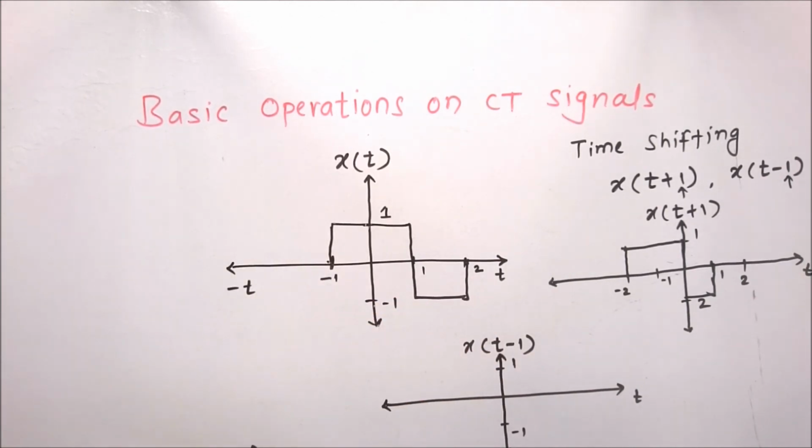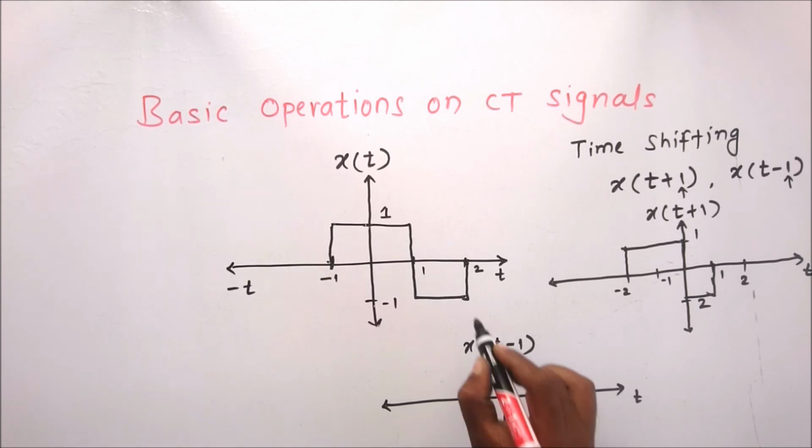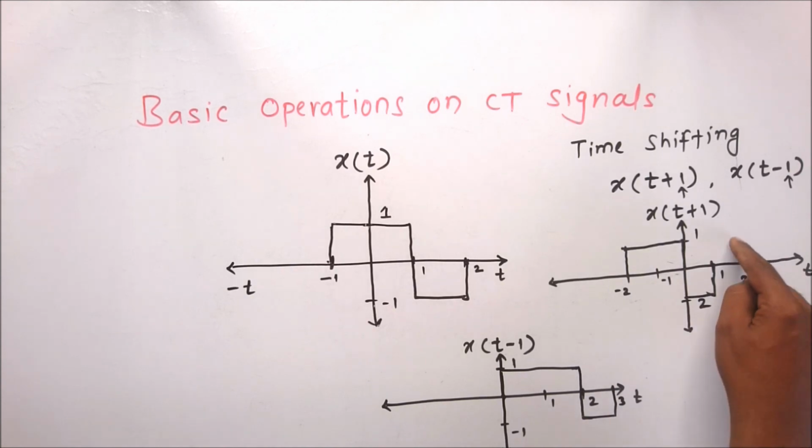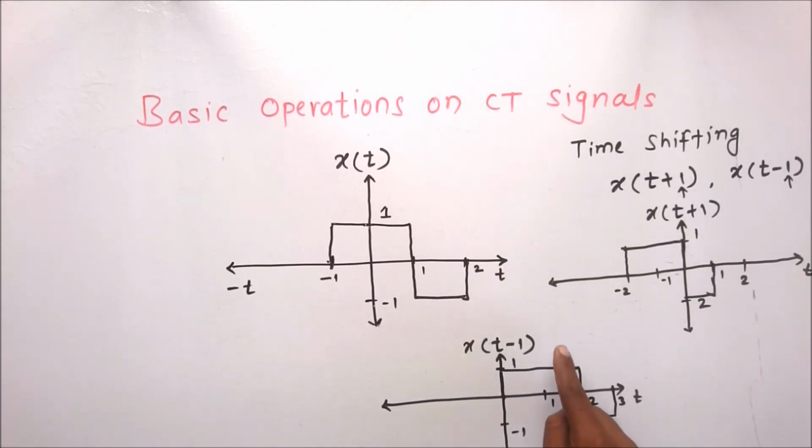So the x of t starting at minus 1 will start at 0, and it is ending at 2, it will end at 3. This is the resultant sketch. X of t plus 1 is nothing but advance operation. X of t minus 1 is nothing but delay operation.